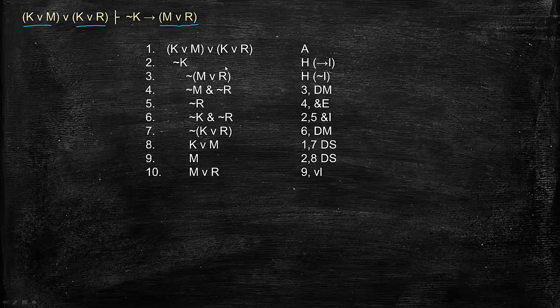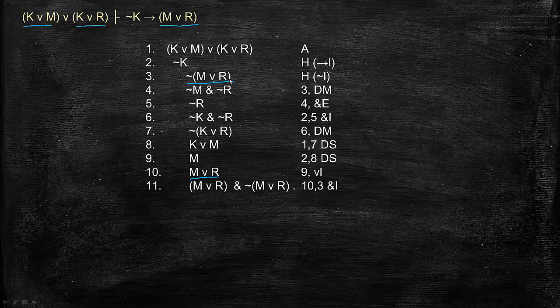We weren't trying here to derive M or R. We were trying to get a contradiction. Crap. But then wait. I have a contradiction. M or R, not M or R, right? So this is just funny where the contradiction is a formula that you're trying to get.